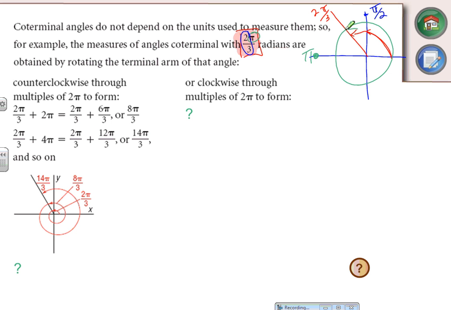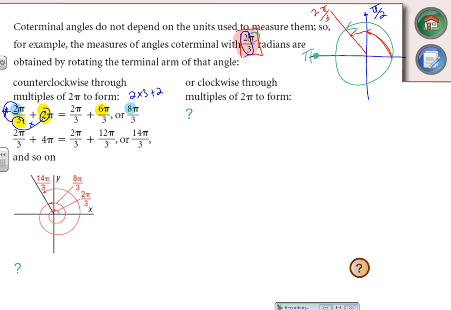Or we could use a little trick. 2 times 3 is 6 plus 2, 8. That's how we got that numerator. So 2 times 3 plus 2 gives me 8.